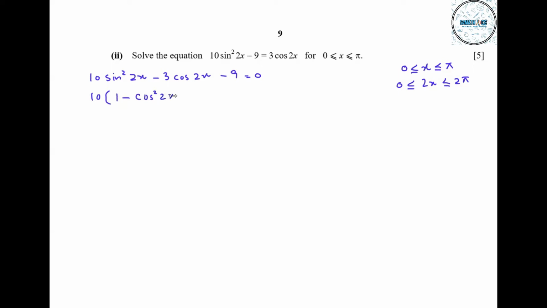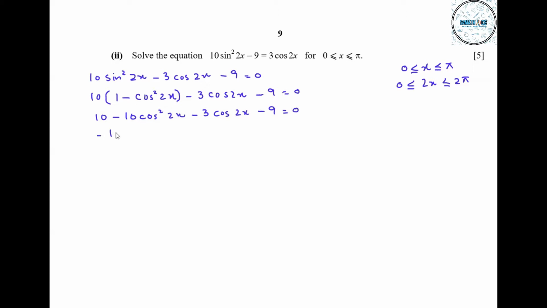We are using here the identity cos square x plus sine square x is equal to 1. Minus 3 cos 2x minus 9 is equal to 0. 10 multiplied by 1 is 10 minus 10 cos square 2x minus 3 cos 2x minus 9 is equal to 0.